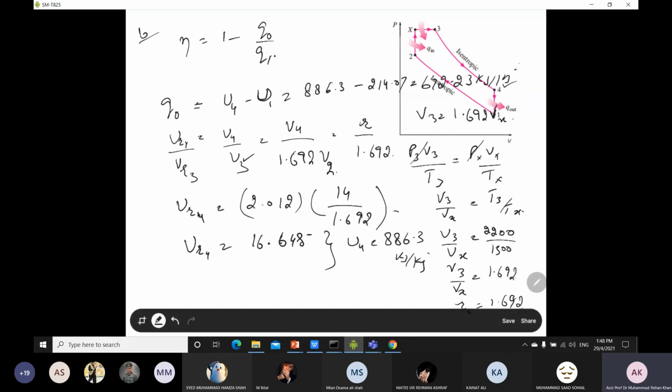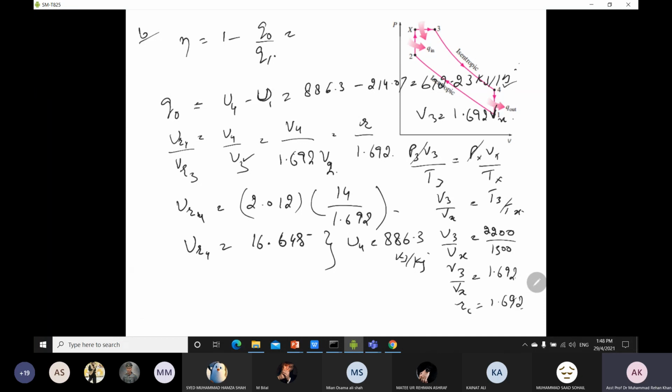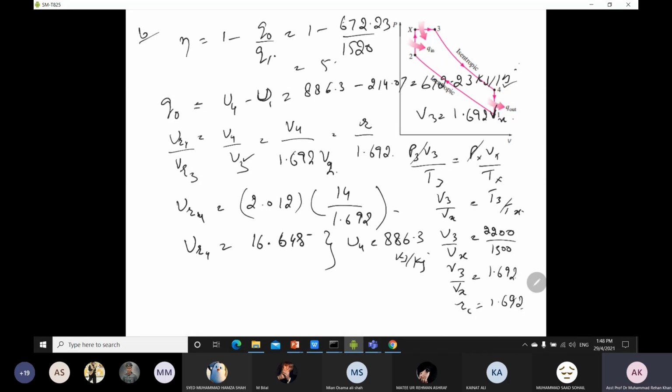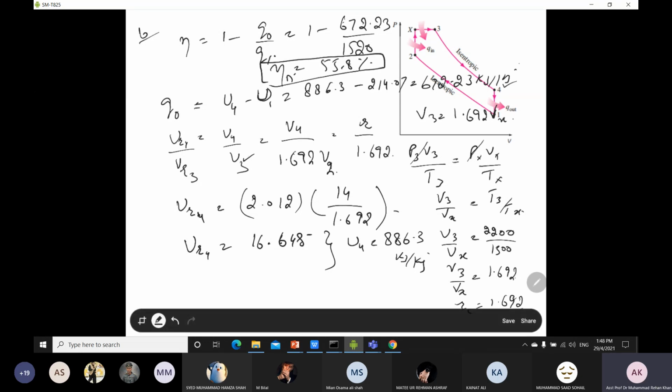Now Q out is known, so I can put the value in: 1 minus 672.23 over 1520, which is the total Q in, and solving it gives 55.8% thermal efficiency for the dual cycle. So this is part B, and the solution is done. If you have any question, you can ask me.